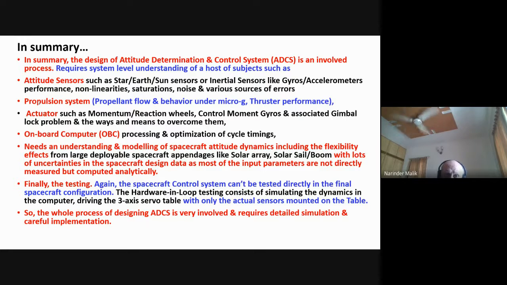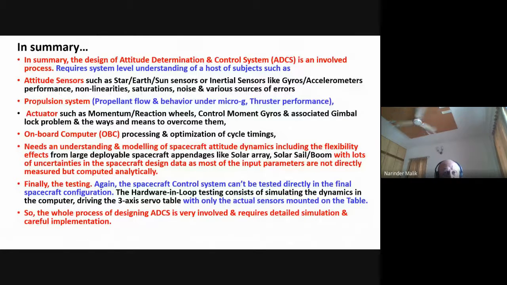So you have to interact with the propulsion system design and tell, if such a thing happens, I will need minimum so much of propellant, and the propellant system should have a reservoir to supply minimum that much of propellant. Otherwise, if the propellant gas starts coming out, then the mission is lost forever. Instead of the propellant coming out, the gas starts coming, then the whole thing is over.